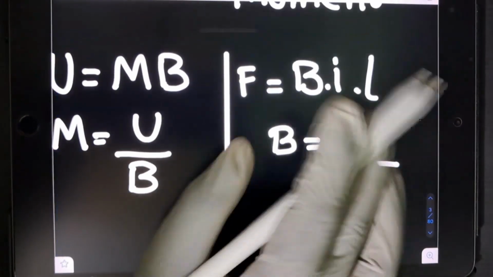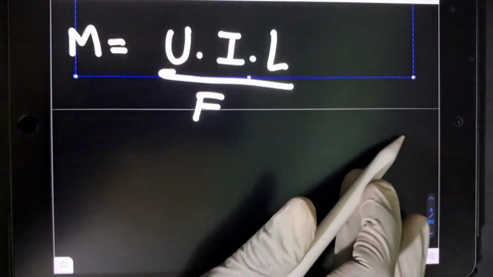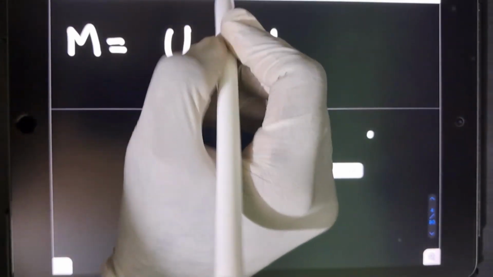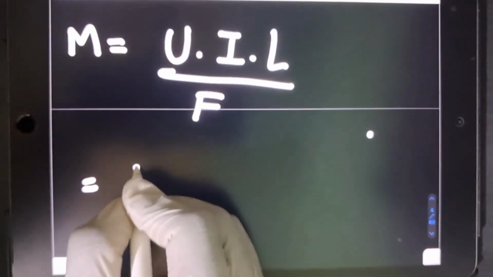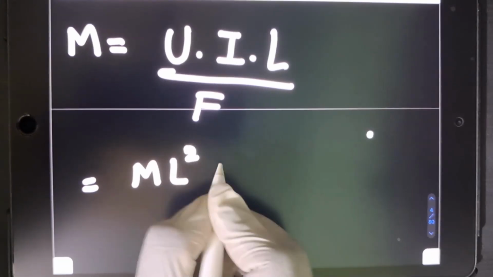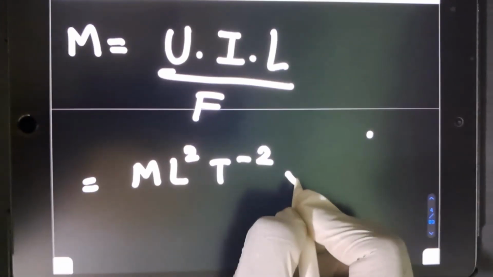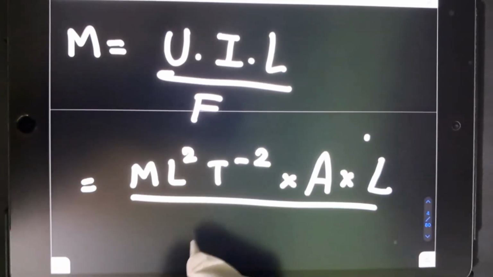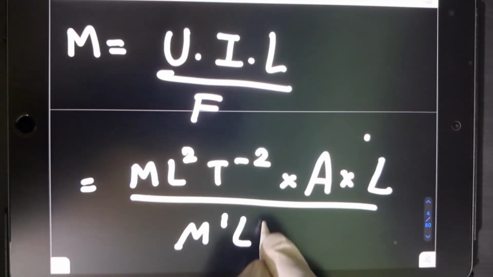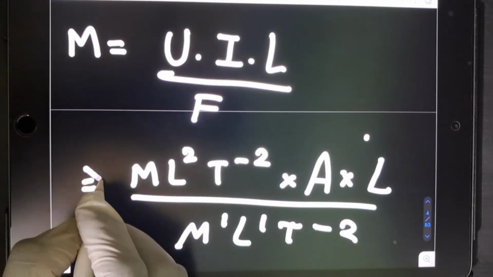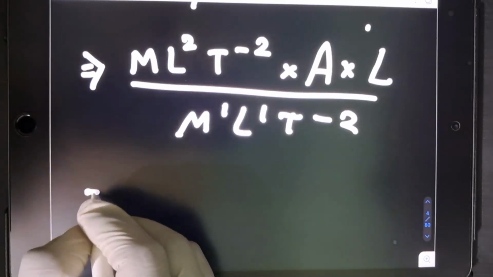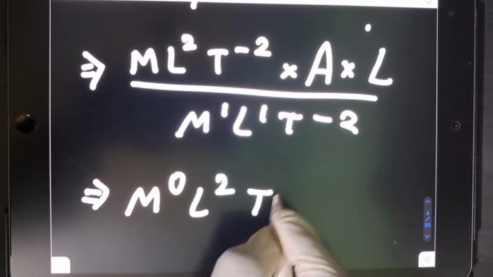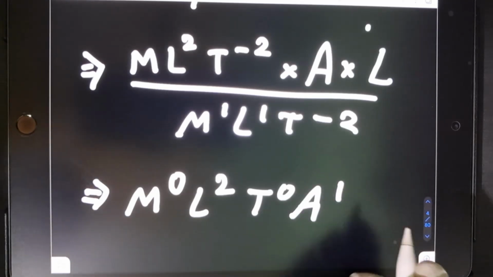Substituting B in the formula, M is equal to U I L by F. Here M^1 L^2 T^-2 into I, A, length L, by the dimensional formula of force, M^1 L^1 T^-2. On cancellation, we get M^0 L^2 T^0 A^1.